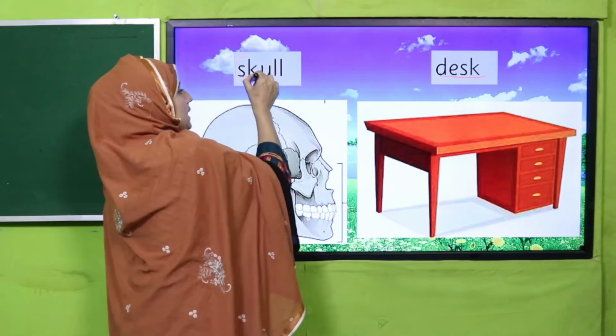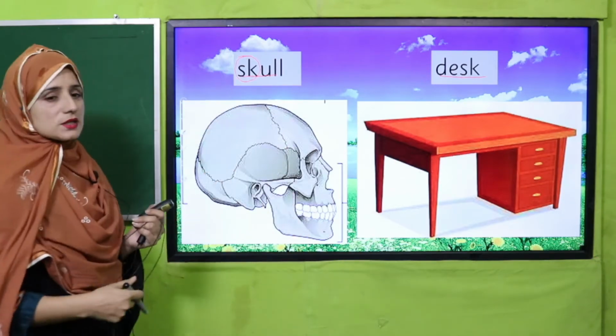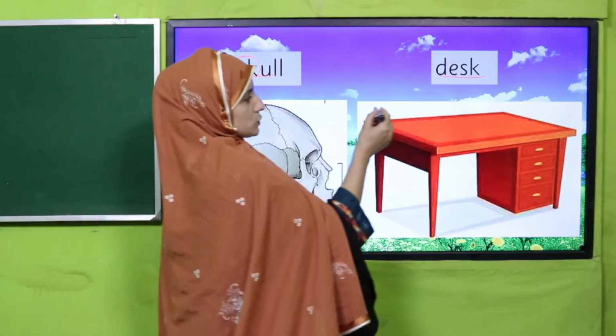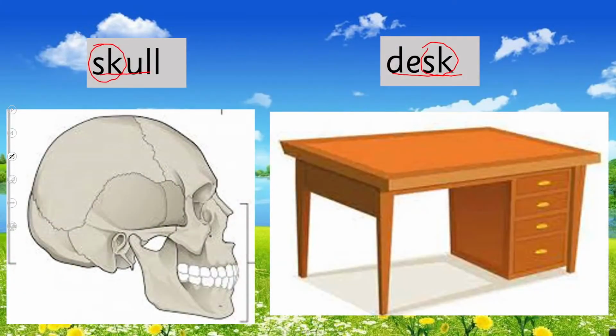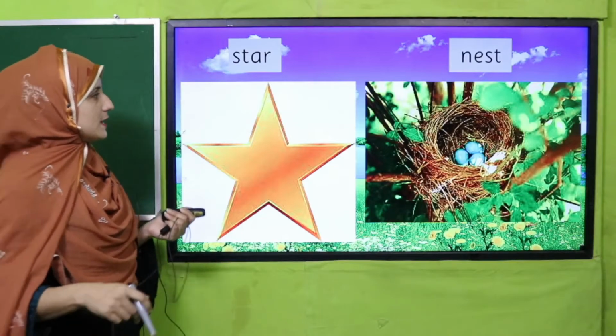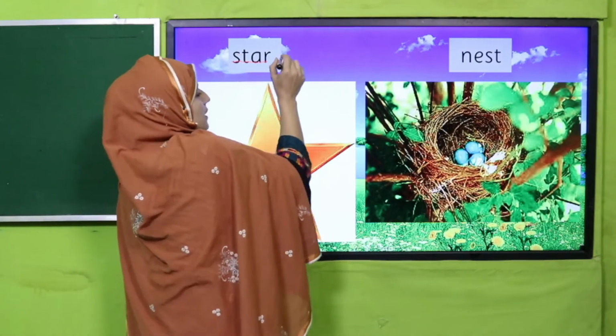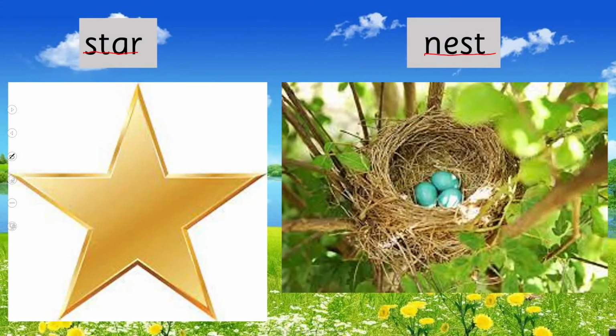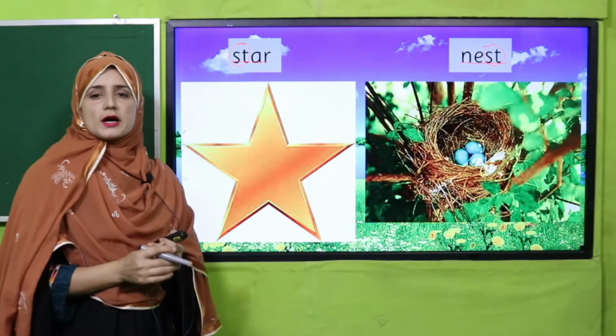That SK, the same consonant cluster in the first position and the final position. Next example, star, nest. You can judge there too, ST, star and nest with the same consonant cluster at the start and ending.